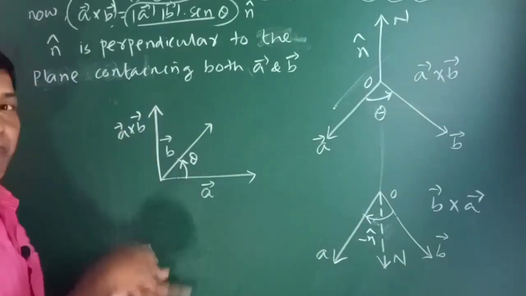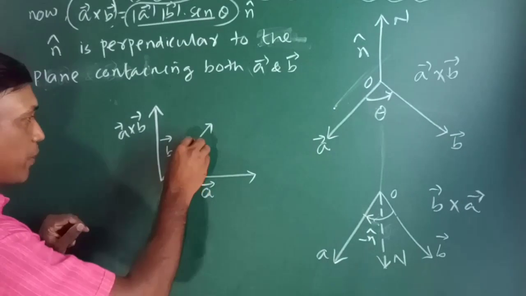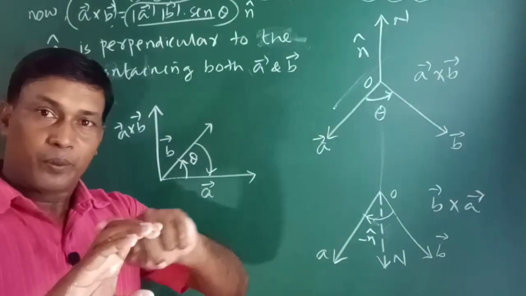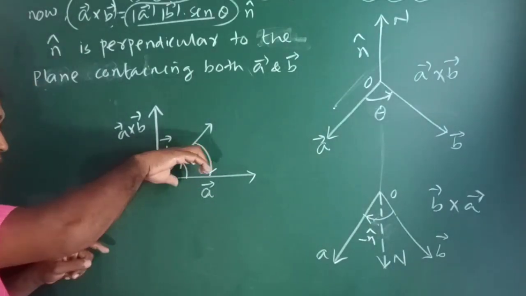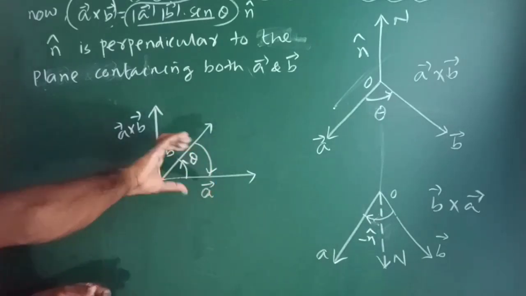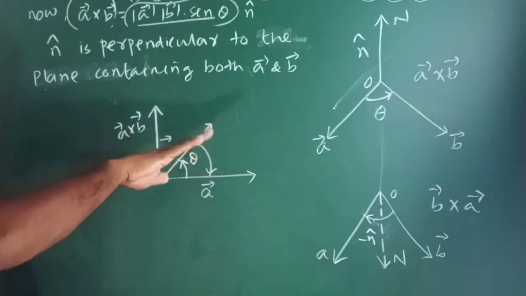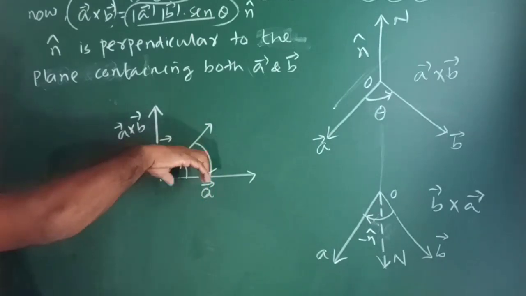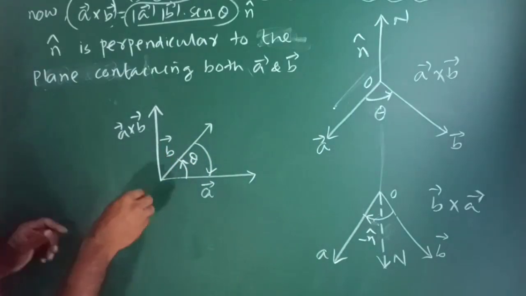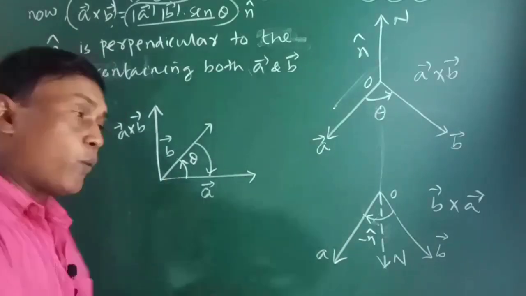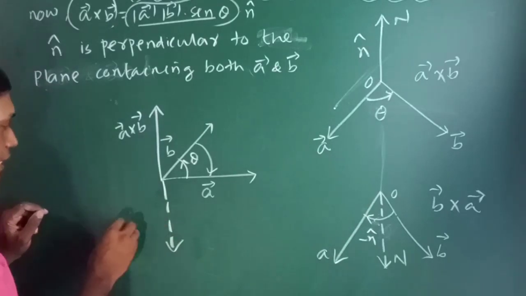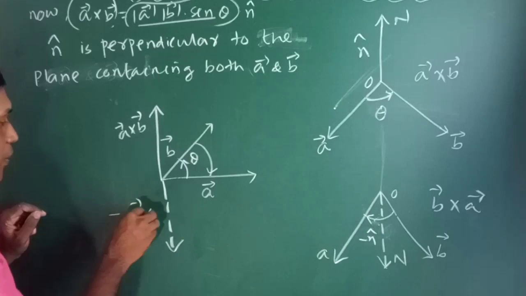But in case of B cross A, suppose you want to find B cross A, that means this is the direction of rotation. If you put your fingers in this direction, then the right-hand thumb is towards the downward direction. So the direction is perpendicular downward, and this is the direction of minus A cross B vector.